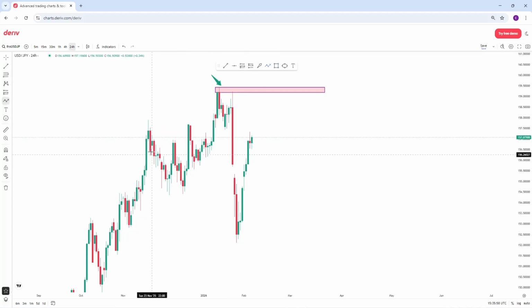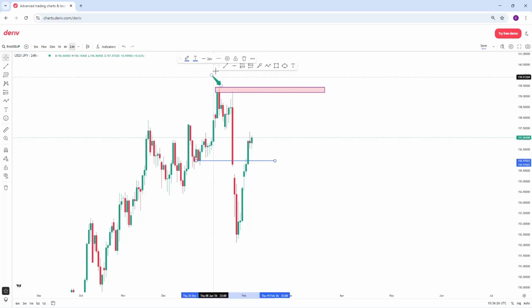Let me show you clearly. See, the market previously made a low, a higher low, a higher high, a low, and ended here. So we mark up this low. We increase this size so that you can see what I'm saying. Make it clear.